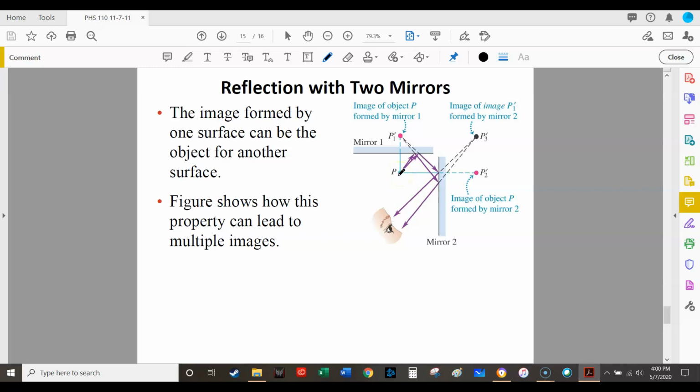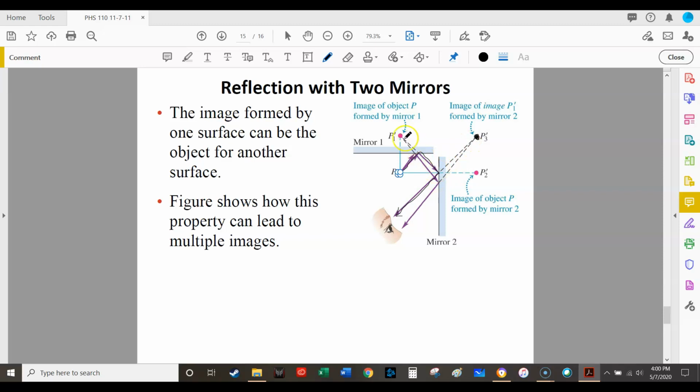So what's happening is you'll see P right here. The image bounces off this mirror, bounces off this other mirror, and then goes into your eye right here. So the interesting thing is your eye will see an image formed over here at P3 due to the second reflective surface.